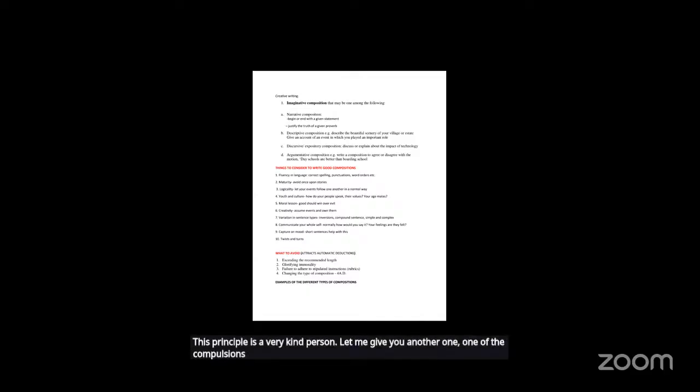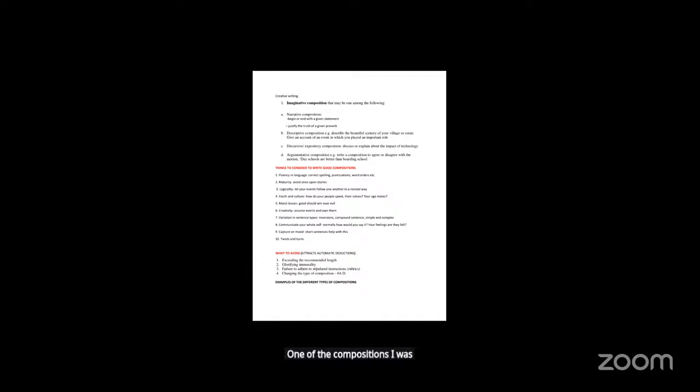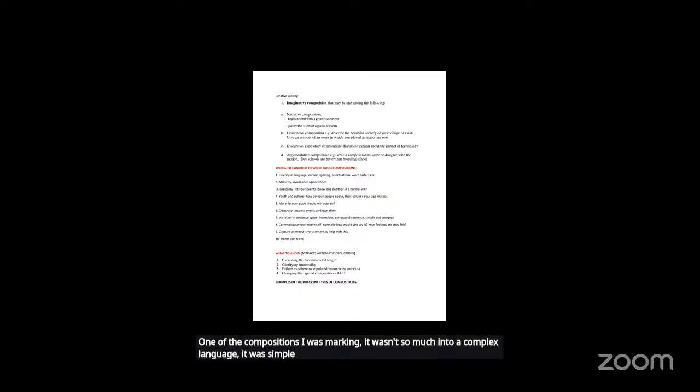Let me give you another one. One of the compositions I was marking, it wasn't so much into complex language. It was simple. Someone was speaking about the way she saw someone in tattered clothing, and the person would say, spare me $1. And she was feeling this person is becoming a nuisance. I would even avoid that path because that person is ever asking for money.